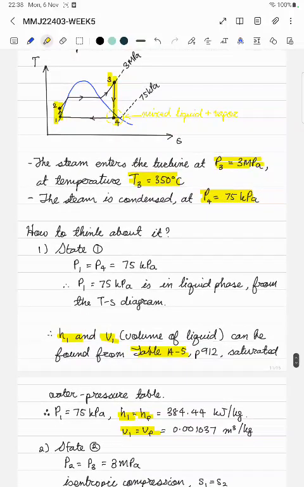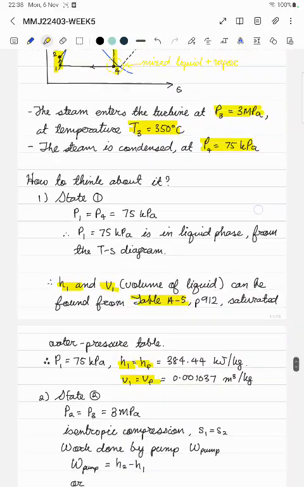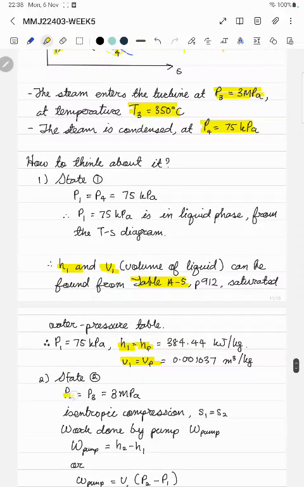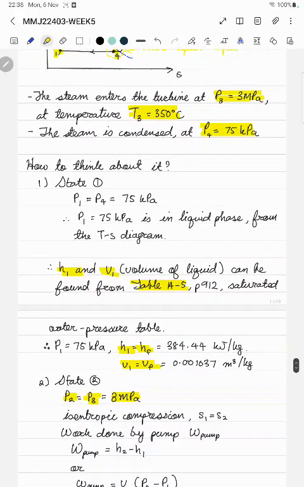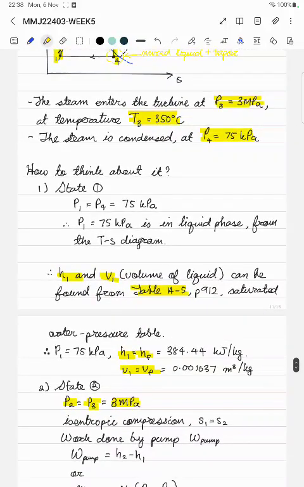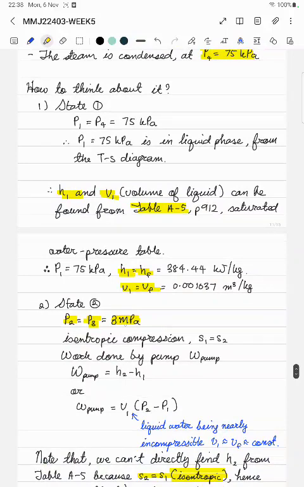So from state 2, we are talking about constant pressure heat addition at the starting point. So pressure at 2 should equal pressure at 3, which is 3 megapascal, and we are adding heat to the process. Now, since you are going from 1 to 2, the pressure is 3 megapascal, but the compression is isentropic, meaning S1 is equal to S2. So we can only calculate the enthalpy indirectly.